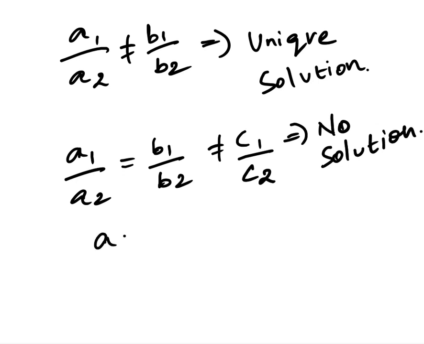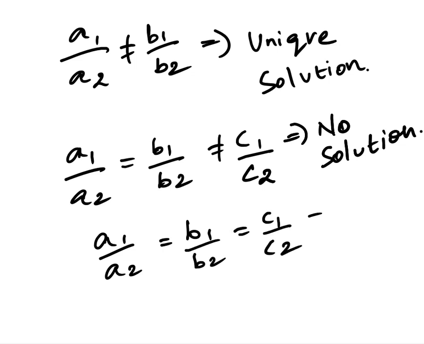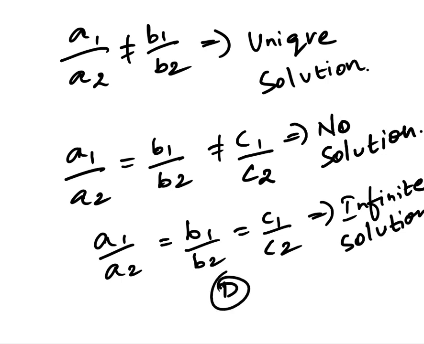And the third option, for this we get infinite number of solutions. So therefore, the D option, which is a1 is equal to a2 and b1 is equal to b2, c1 is equal to c2, is not possible.